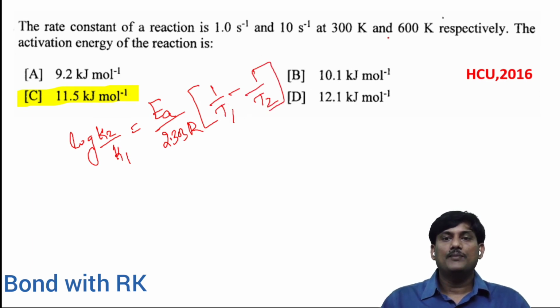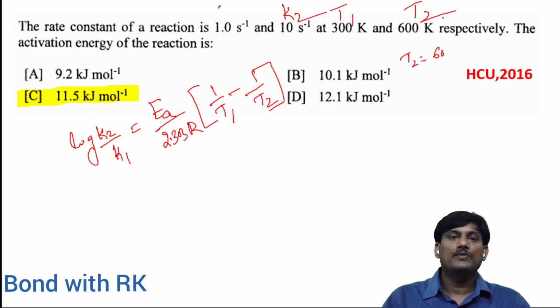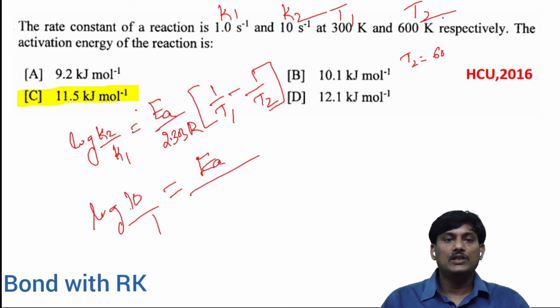Let's take T2 is equal to 600. This one has T2, this one has T1. So it will be K2, this one will be K1. So log K2 by K1, 10 by 1, is equal to, you have to calculate Ea value in kilojoules.